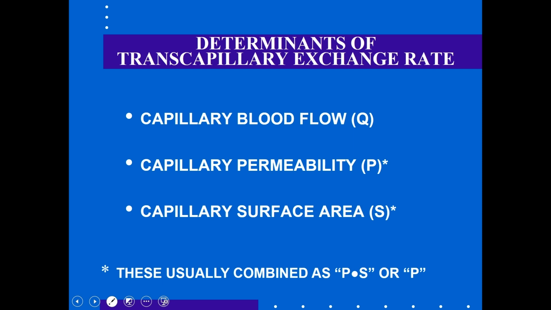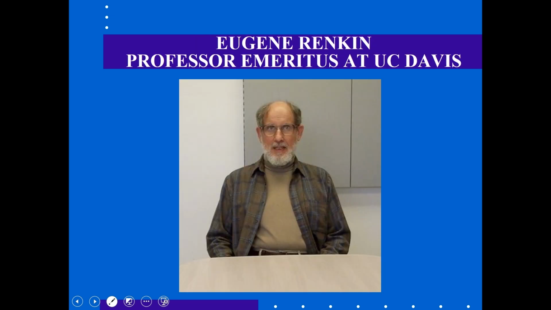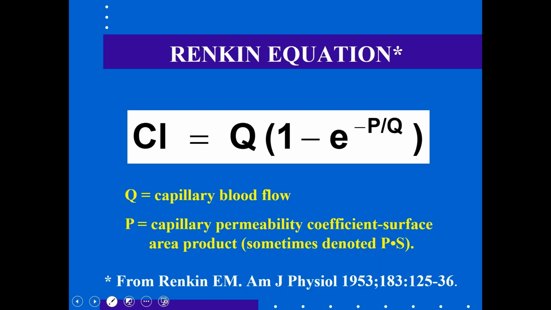There are actually 3 parameters that need to be considered: capillary blood flow, which we'll designate by Q, the capillary permeability coefficient, which we'll call P, and the capillary surface area. And this gentleman, Eugene Renkin, who was former chairman of physiology at UC Davis, was the first to apply this equation to the transcapillary clearance of solutes.